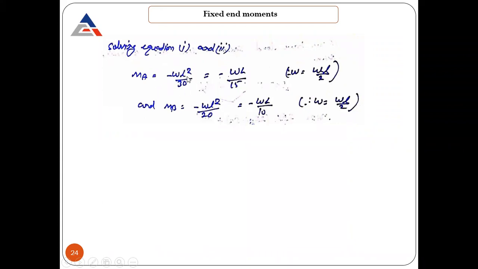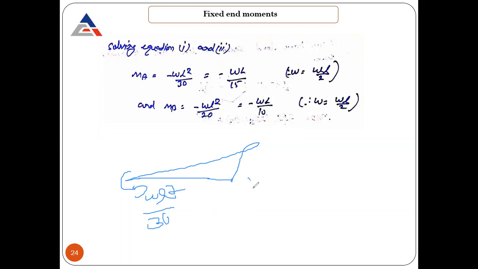From where the point is originating, let me draw the diagram again. So this is the actual case. Fine. At this point, the fixed end moment comes out to be WL square by 30.